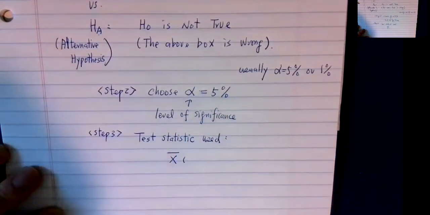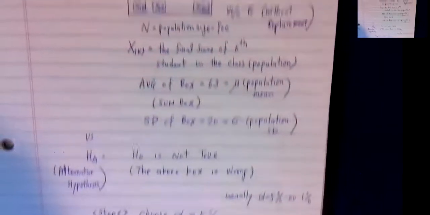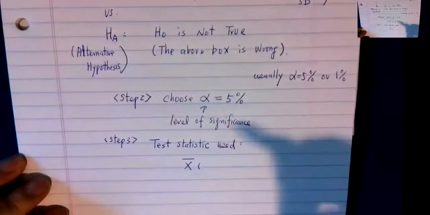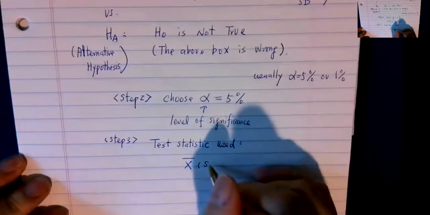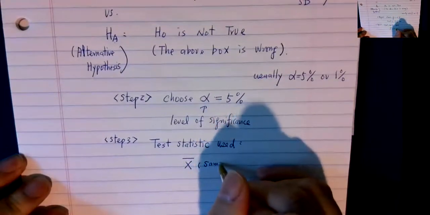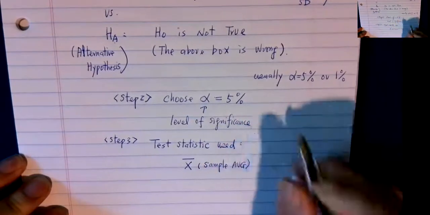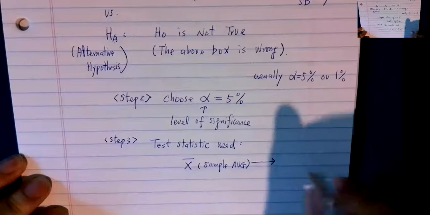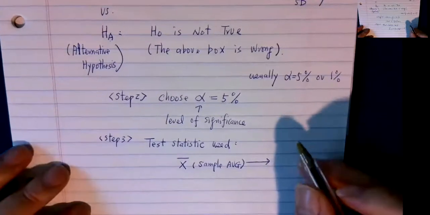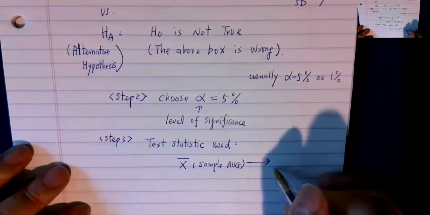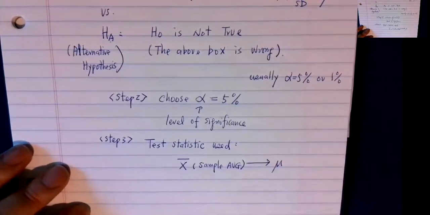Sample mean or sample percentage. Since this is a sum box, X bar actually refers to the sample average. We use the sample average to estimate the population average.